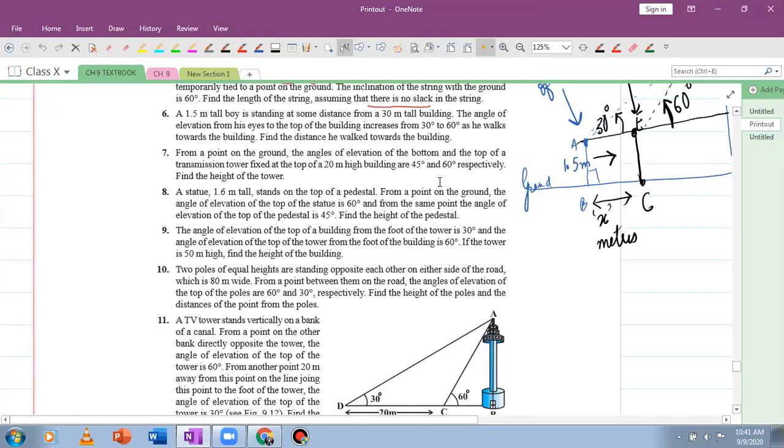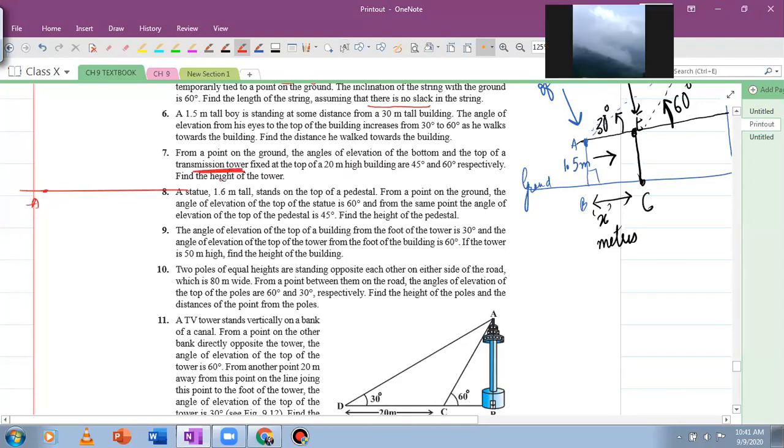So roughly, if I had to show this, on the ground, there is a point. From this point, you're observing something. What is observed is a transmission tower. And the tower is fixed on a building which is 20 meters high.